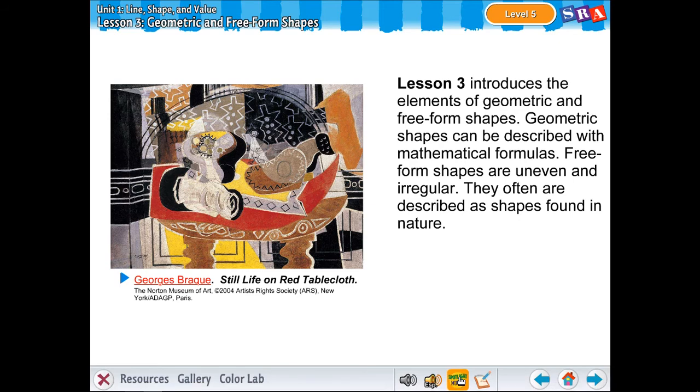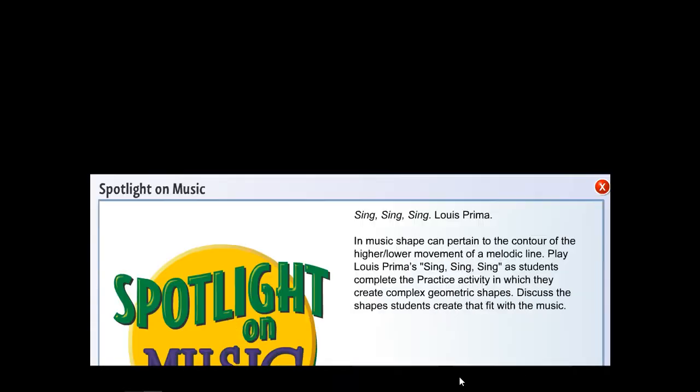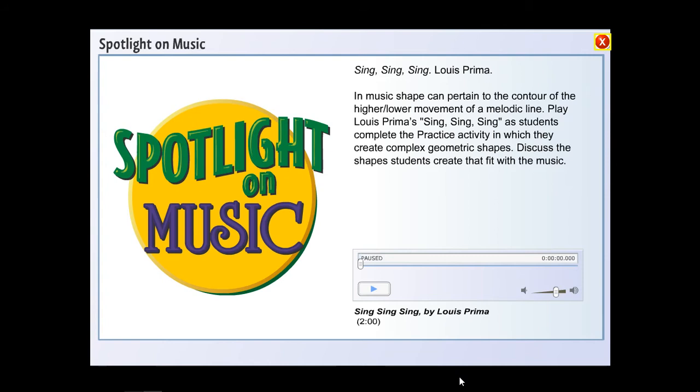So let's check out our music selection that goes with this lesson. Sing, Sing, Sing, Louis Prima. In music, shape can pertain to the contour of higher and lower movement in a melodic line.